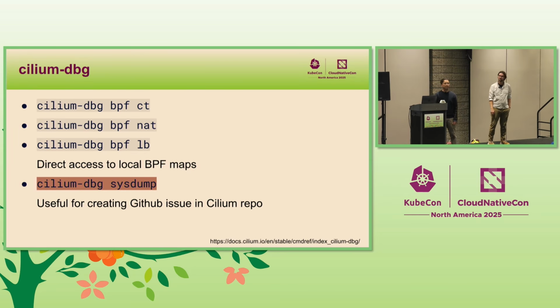The second tool is the Cilium CLI subcommand. There's a Cilium debug command that can help with lookups over the BPF maps on each node. With the BPF maps, we could troubleshoot the conntrack state, the NAT table, and load balancer information for various network scenarios that we ran into.